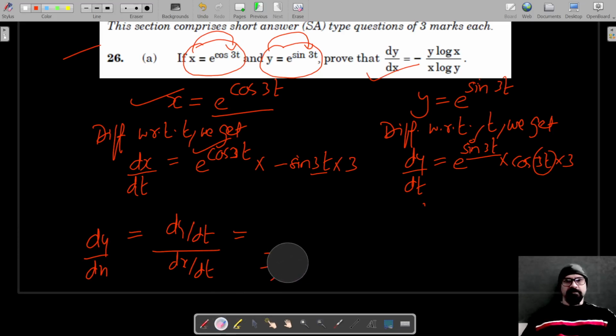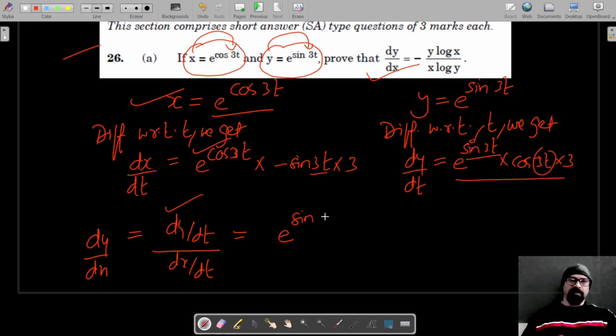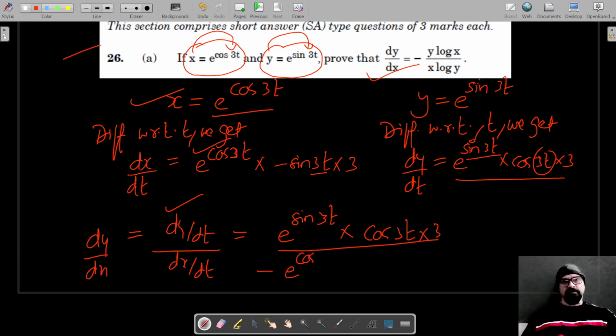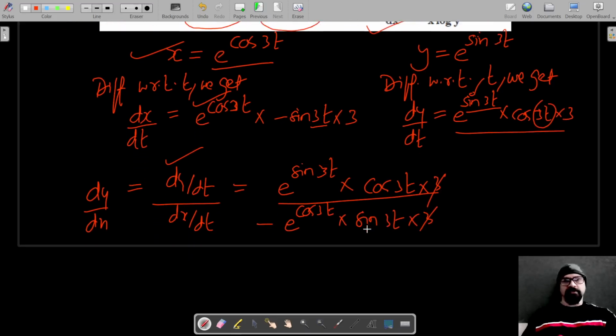Actually, I have jumbled it. So this is dy by dt, this is e raised power sine of 3t into cos of 3t into 3 divided by negative e raised power cos of 3t into sine of 3t into 3. 3 and 3 get cancelled.